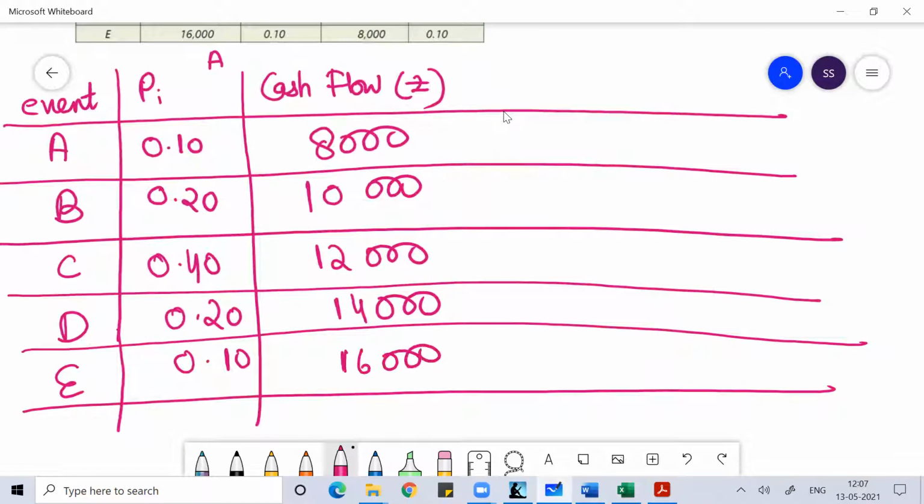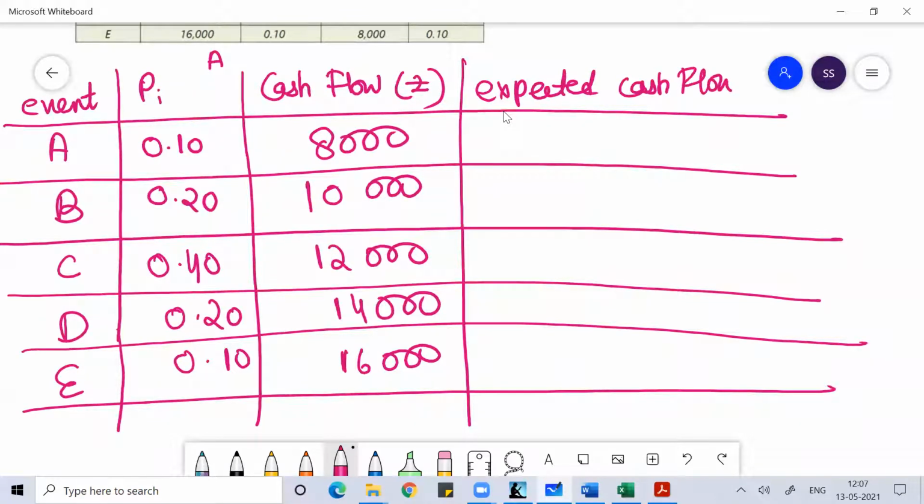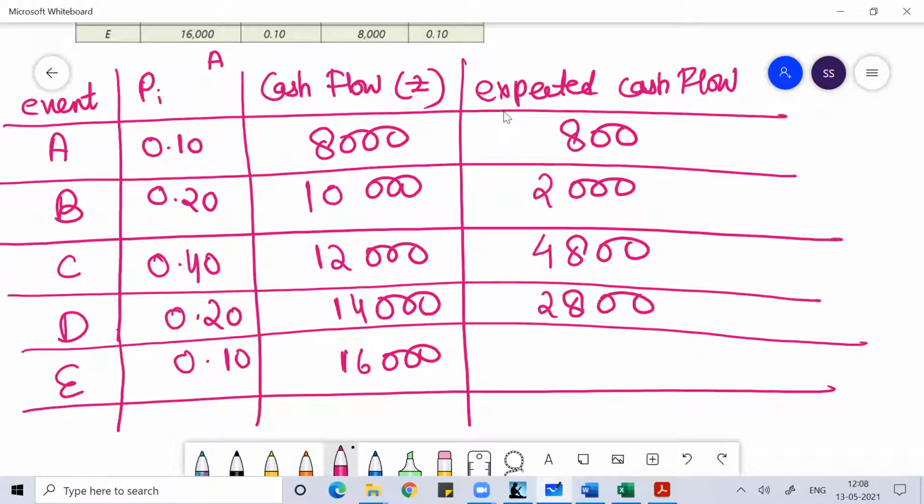So these are the cash flows. I can find their expected cash flow. This would be 800, this would be 2,000. Let me know if I make a mistake anywhere. This would be 4,800, 4,800, then 2,800, and then this will be 1,600.